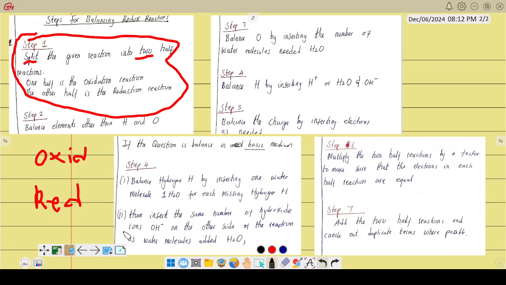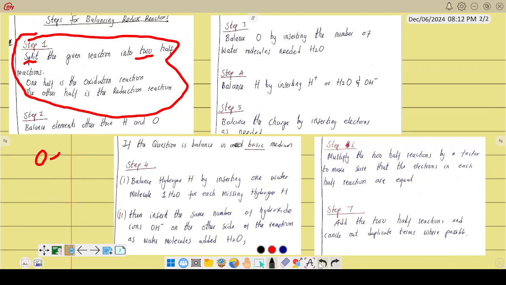So this is where redox comes from. Here, if you see it, redox reactions of oxidation and reduction.